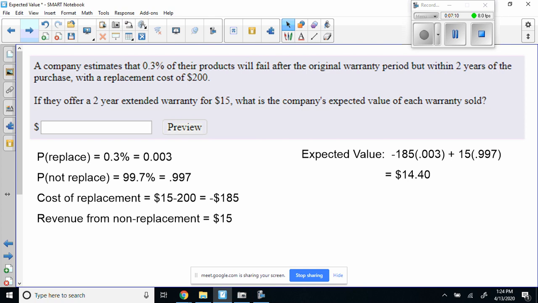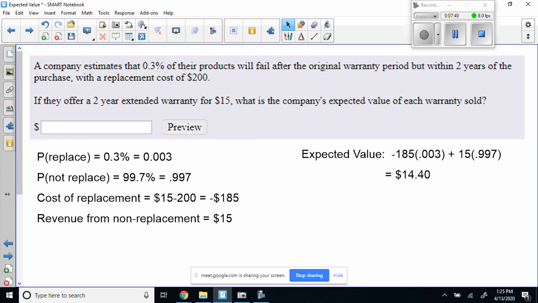Okay. So here, the P means probability, right? The probability that you're going to have to replace it is 0.3%, which is 0.003. The probability of not replacing it, well, if it's 0.3% to replace it, the probability of not replacement would be 1 minus that, right?